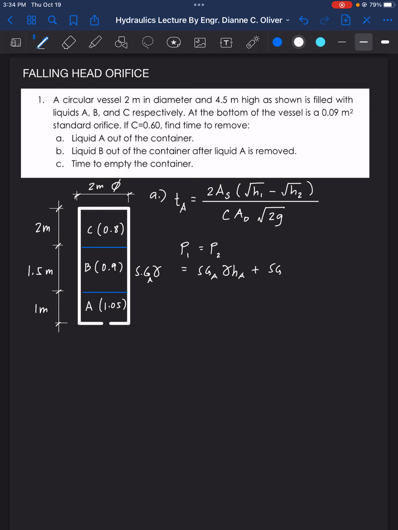This should be different, so it should be the new height, let's say H1.